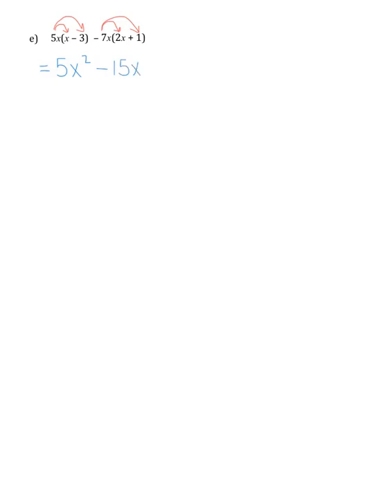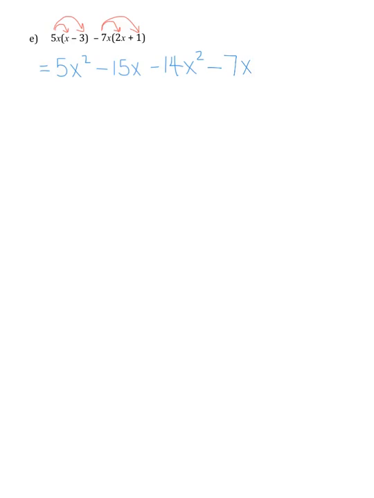Moving on to the second bracket now, we have negative 7x times 2x. That's going to give us negative 14, right? Negative 14x squared. And last, we have a negative 7x times a 1 is just going to give us negative 7x. Okay, now, can you see what's different about this one?